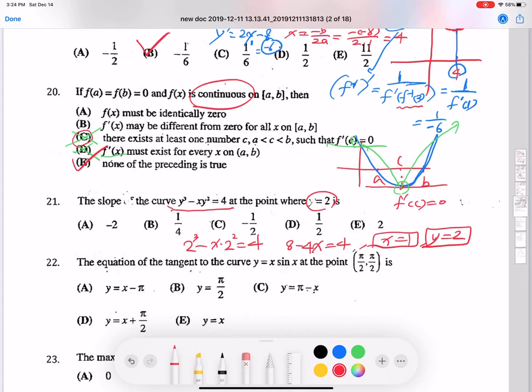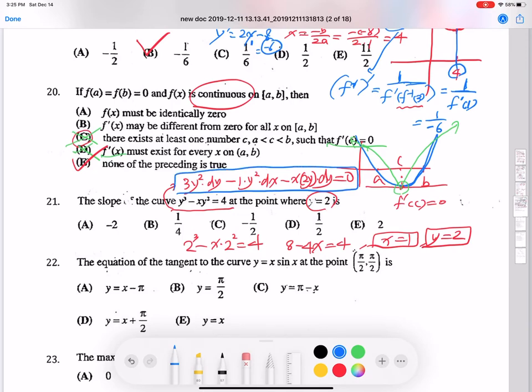So how can you find dy over dx for this function? Derivative of y cubed is 3y squared dy, minus, it is a product rule. The u part is x, the v part is y squared. u prime v is 1 times y squared, and the 1 came from the x function, that is dx. And then minus x times 2y dy is equal to 0. I want to find dy over dx from this equation.